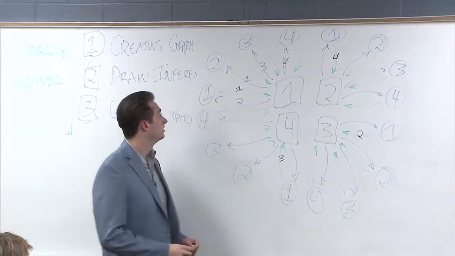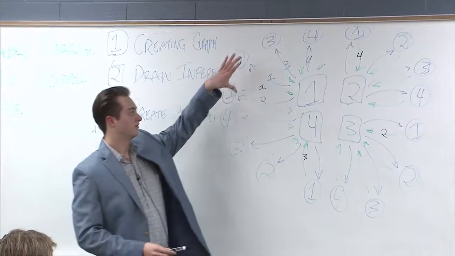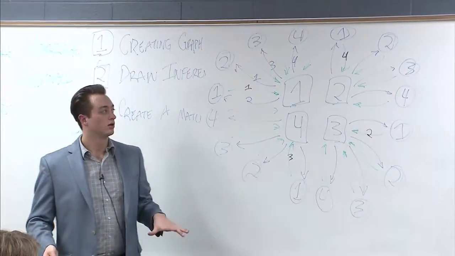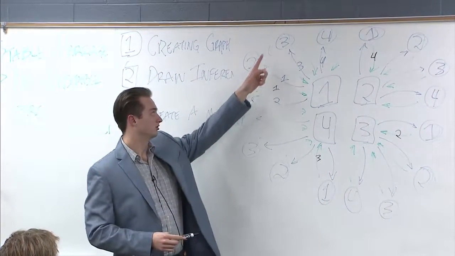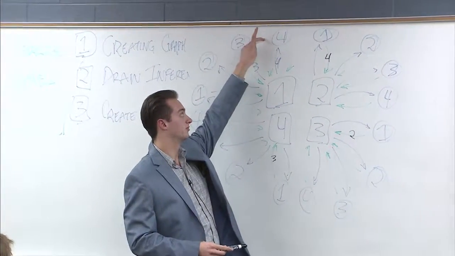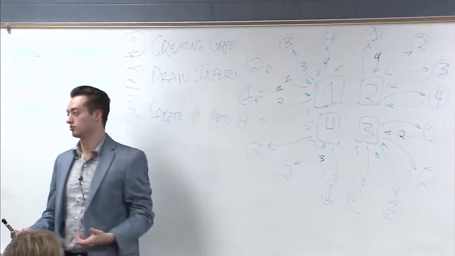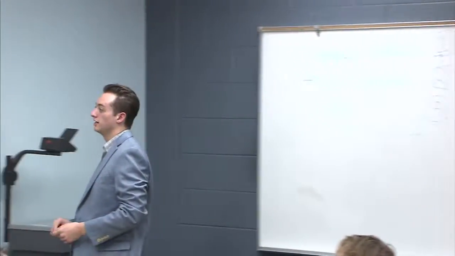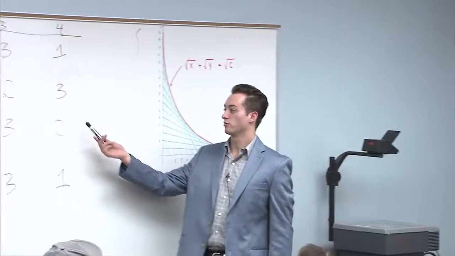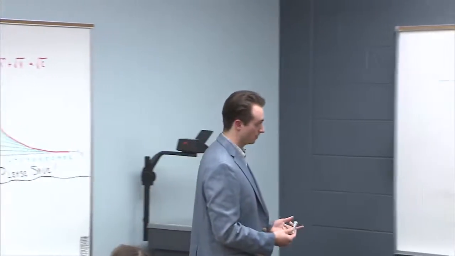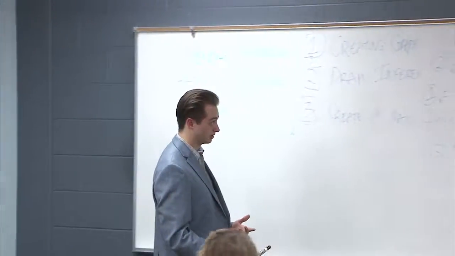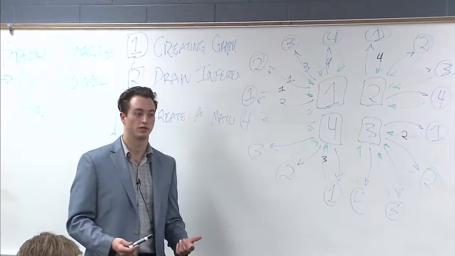Now going back to fill in this side of the graph, we're going to have to look at woman number 2, woman number 3, and woman number 4. And when we look at these 3, we're going to go ahead and find where man number 1 is, find how much she prefers him, and then that will allow us to determine what weight we're going to give to this pair.